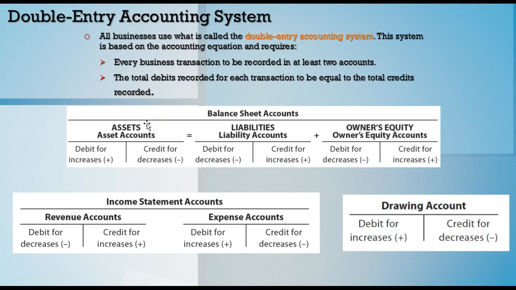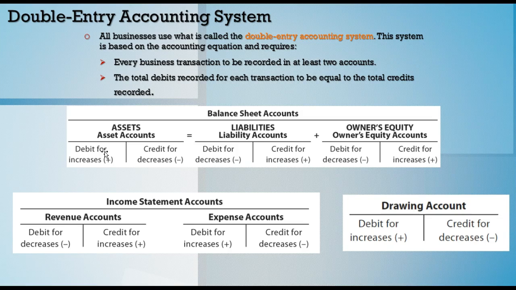Let's say I use cash and I buy land, okay? So I will credit my cash, which means subtract from that, which would be a credit, and then I would have to debit my assets to increase that. Or how about if I paid an accounts payable?